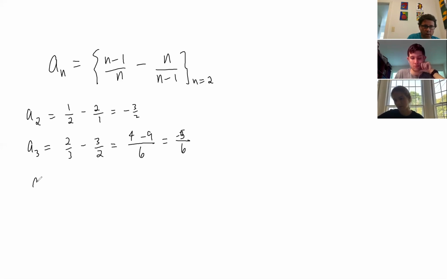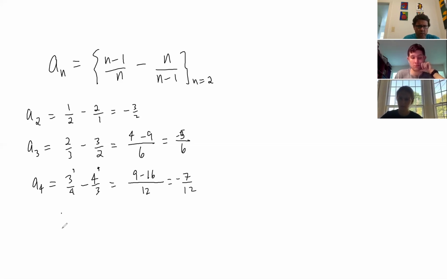Okay, let's do one more. Then we get 3 over 4 minus 4 over 3. The common denominator there is 12. Multiplication by 3, multiplication by 4. 9 minus 16. Get negative 7 twelfths. It's kind of hard to see what's happening.